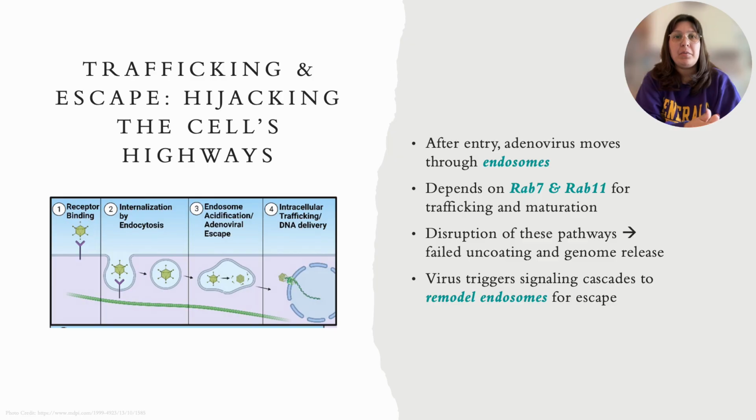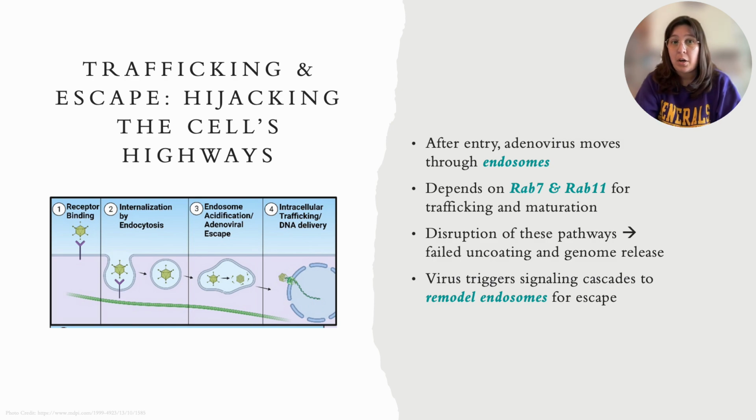All right, now we're going to move forward to trafficking and escape, hijacking the cell's highways. Once the virus is inside, it isn't just free floating. It's taken into endosomes, which are little compartments that usually break things down, but the adenovirus hijacks the system. They rely on host proteins like Rab7 and Rab11, which normally act like traffic directors to guide the endosomes.